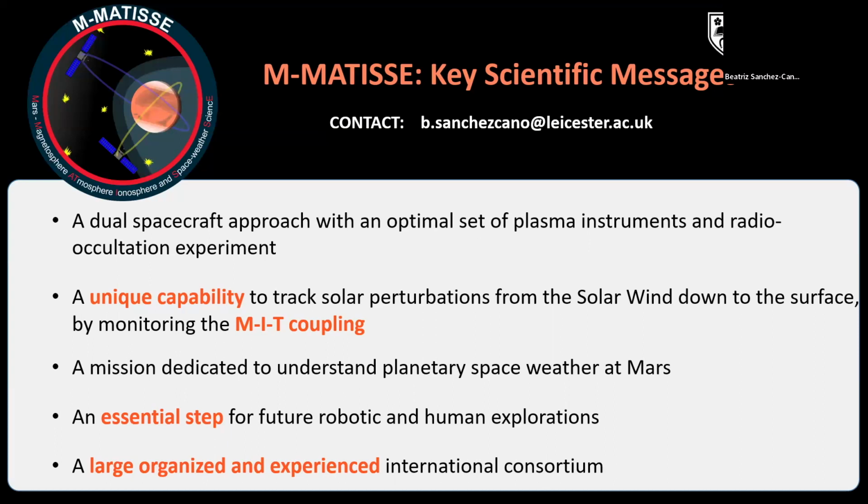I will repeat the question for the people online. Andrea Chicarro is asking, because there has been a lot of activity in the last few days and even the last few months, whether we have had time to actually check MARSIS, the radar.